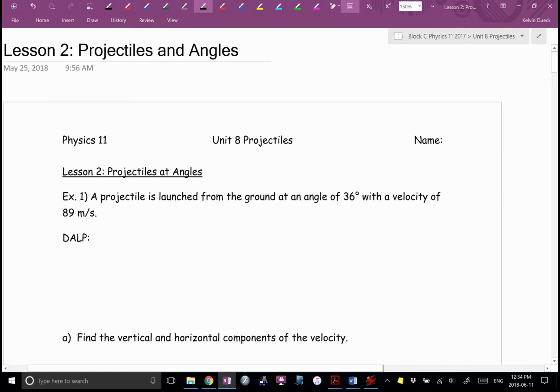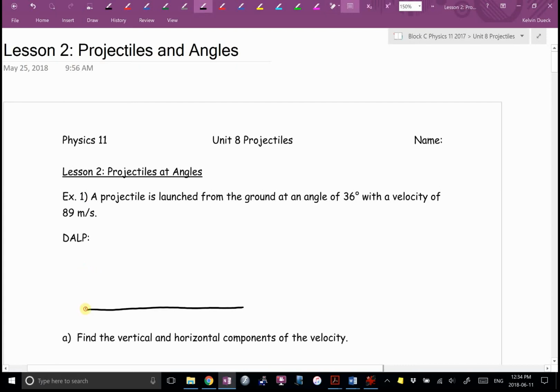Projectile is launched from the ground at an angle of 36 degrees with a velocity of 89 meters per second. Draw that. 36 degrees. Well, first of all, don't write this bit down, but for what it's worth, how many degrees? 90.